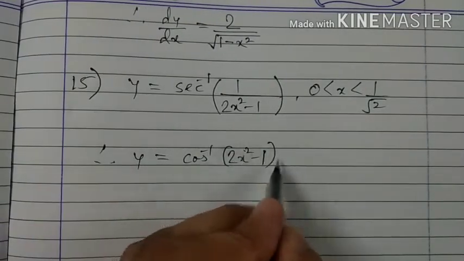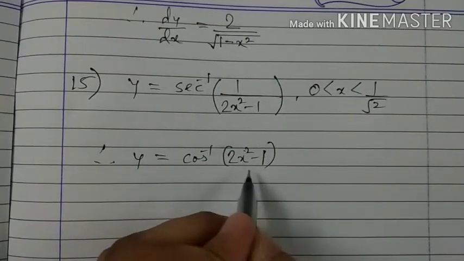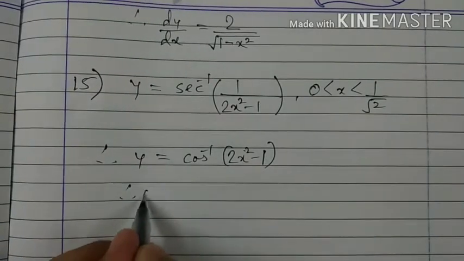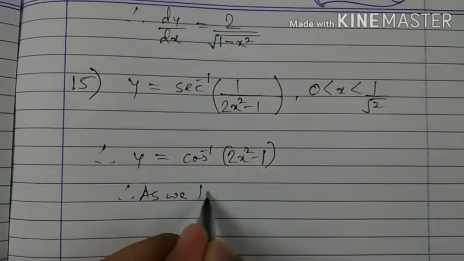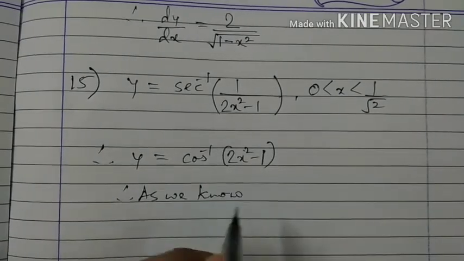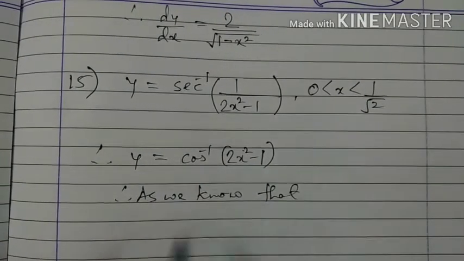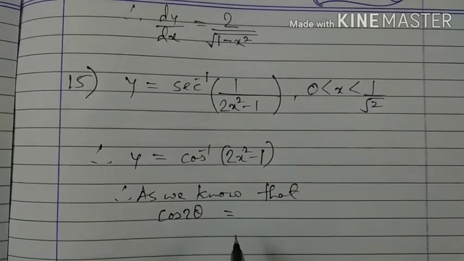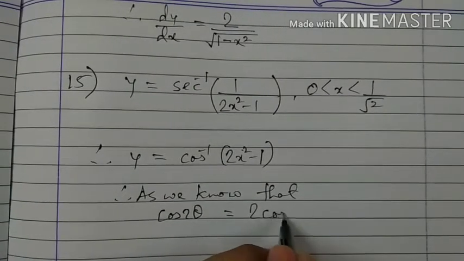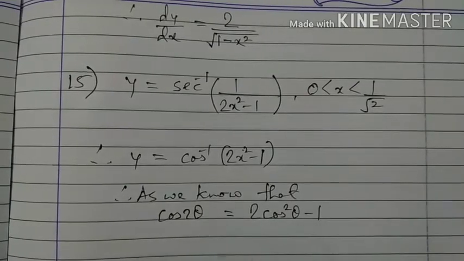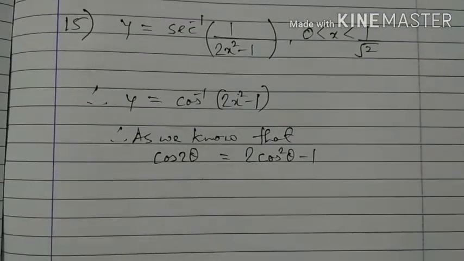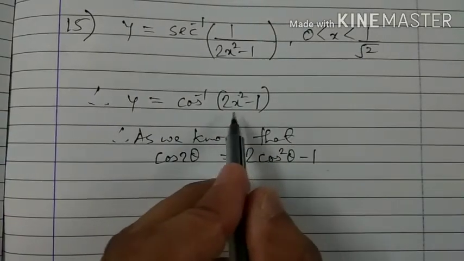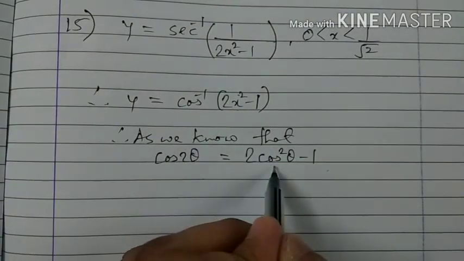Just try to find which formula can be applied here. 2x square minus 1 is there, right? As we know, cos 2 theta equals 2 cos square theta minus 1. Now this formula matches the given term. We just have to assume x equals cos theta.